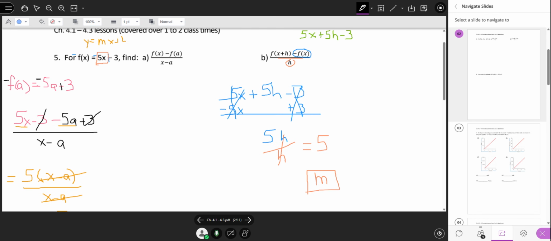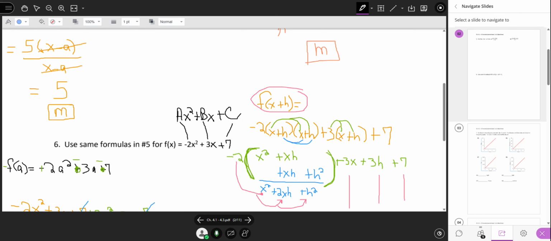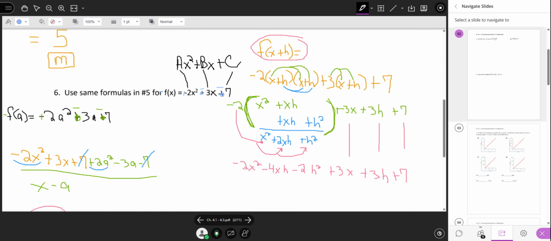according to this, minus f of x. Now we're going to finish up this part of it. Minus f of x. So that's plus 2x squared minus 3x minus 7.